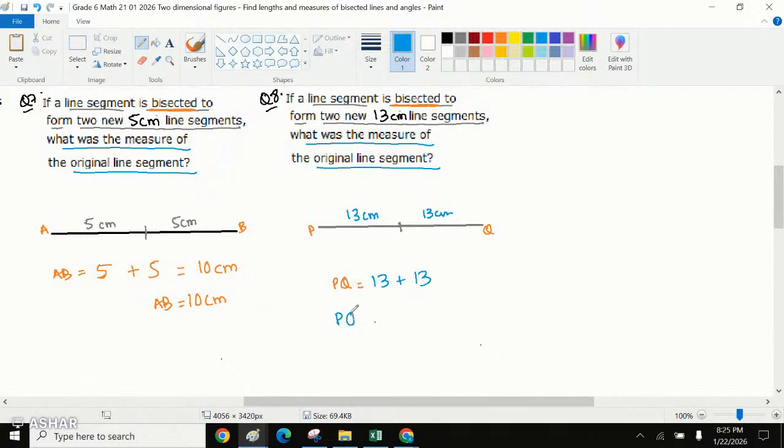Then the length of the new total line comes out to be 26 centimeters, right? We agree on this? Because the two smaller segments were given to us and we had to find the larger segment. Thank you so much. 13 plus 13 would be 26 centimeters.